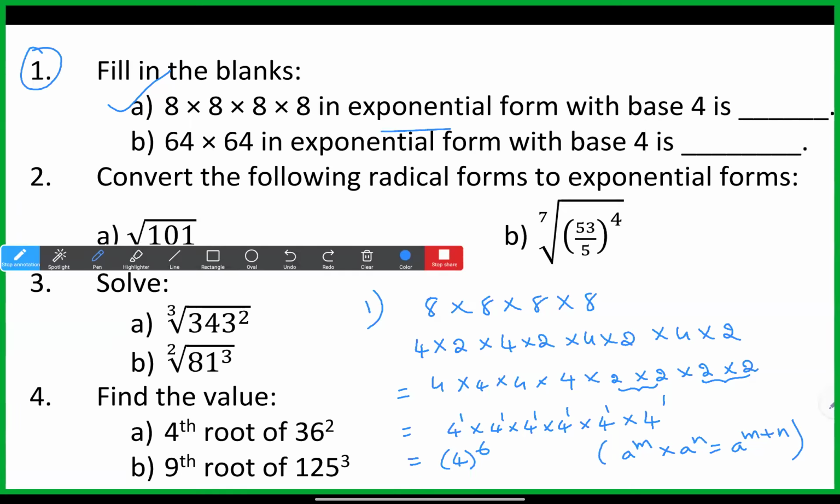The answer is 4 power 6. They asked for exponential form with base 4, so clearly here we have base 4. If it were base 2, we would directly do prime factorization of each number. That is easy: 2 cube, 2 cube, 2 cube, 2 cube, and you get 2 power 12. Okay, sure. That much only. Then the next one, 64.